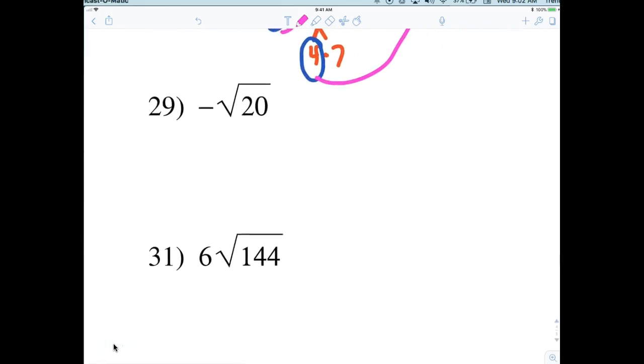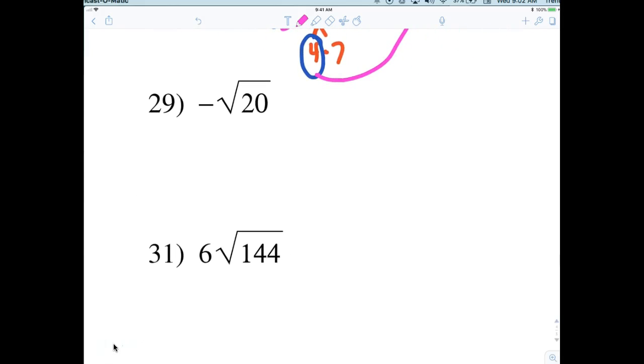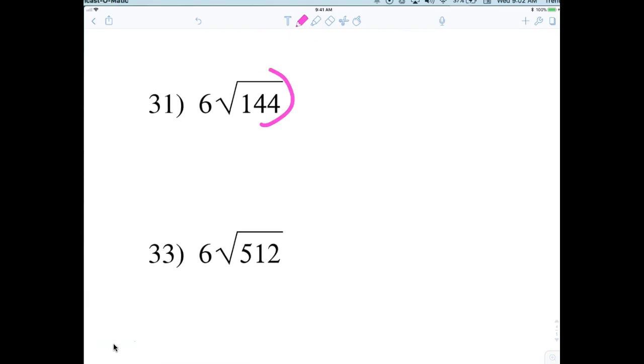All right, number 29. That should just be boom, done. What is it? Very good. Negative 2 radical 5. We've done that a bunch. Hurry up. Faster. What's the square root of 144? 12. Is there a radical left?